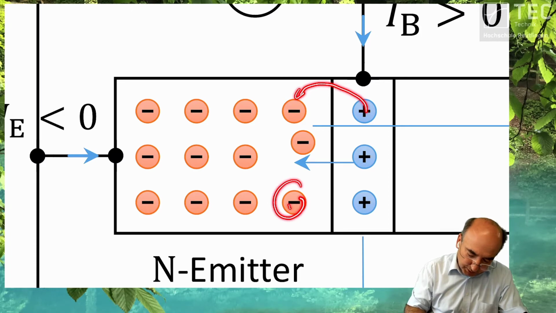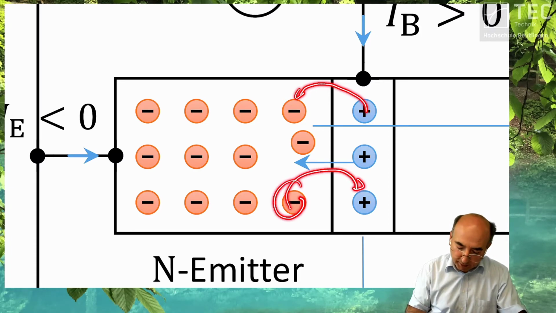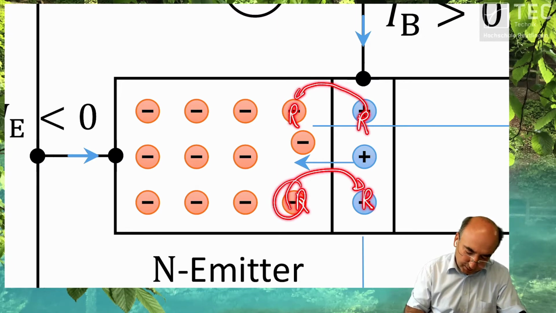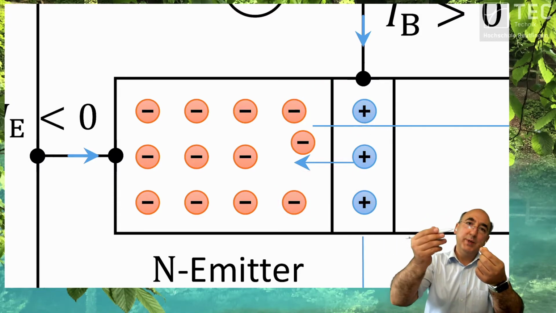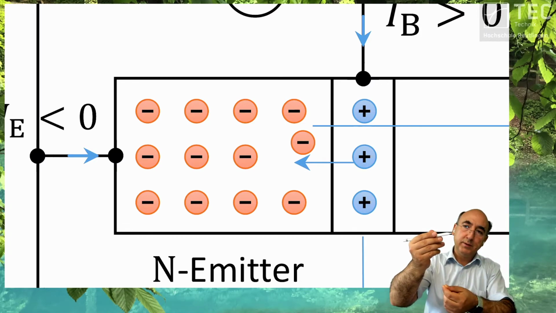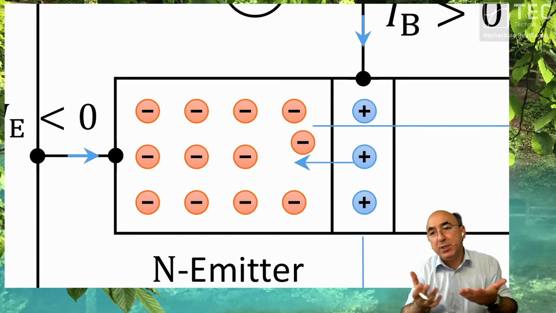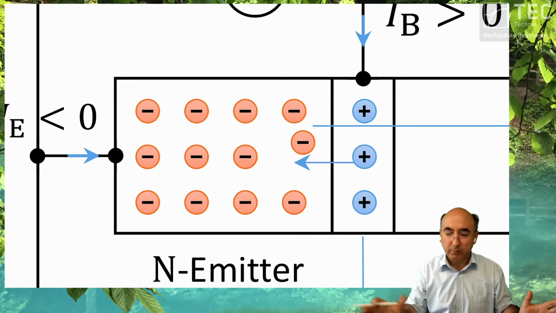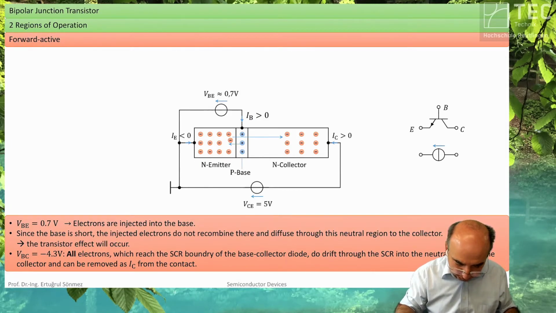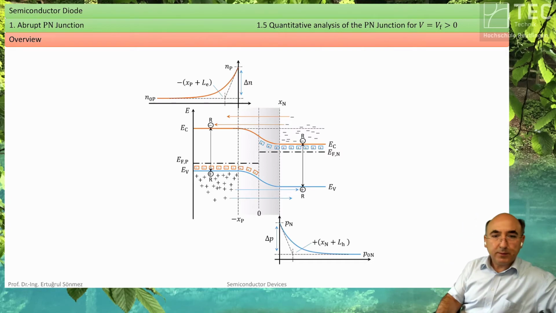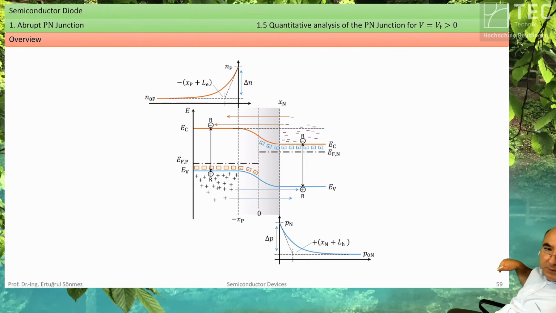The majorities are injected into the P region. And here they recombine. Here they recombine and make current. So if you take a transistor, apply to the base, emitter, a voltage, you have a PN diode. Nothing special. For this, please go back to the slide 59.